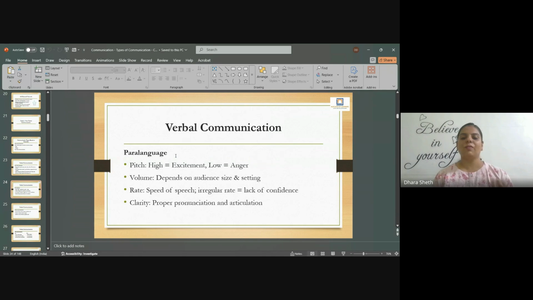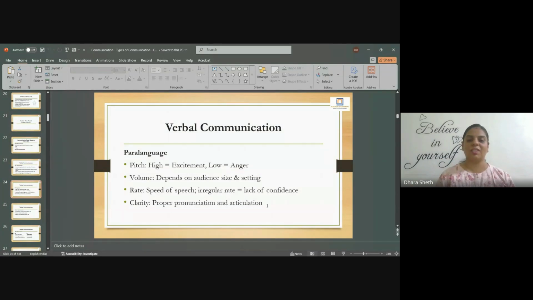Rate, speaking fast, or very slow, like Atal Bihari Vajpayee used to speak. Irregular rate, lack of confidence. When the person is not confident, they stutter, they fumble. That's also the rate at which they are speaking. And clarity, proper pronunciation and articulation of words. These are the 4 aspects of paralanguage.